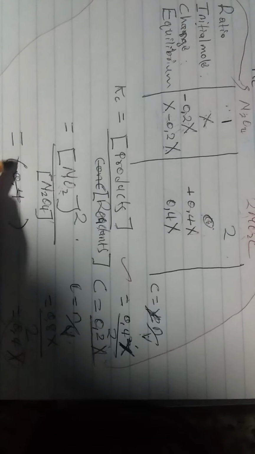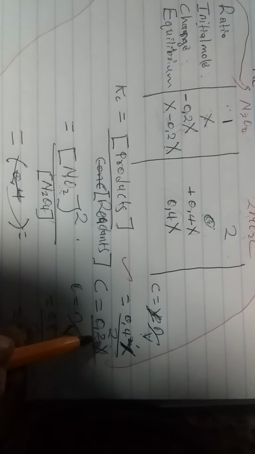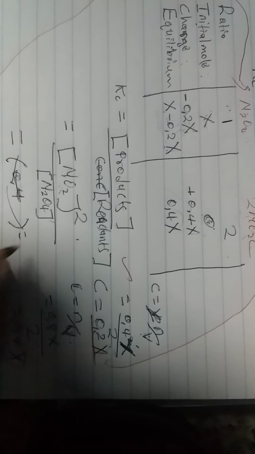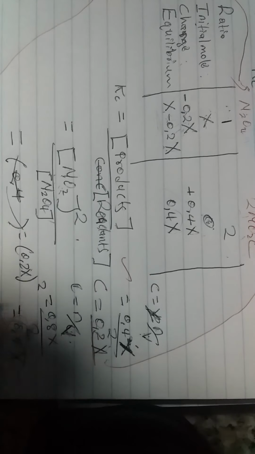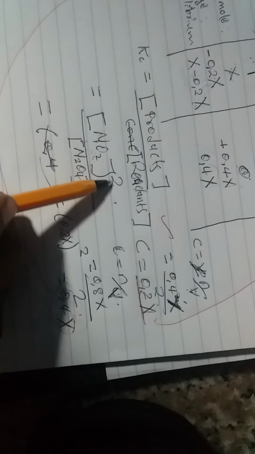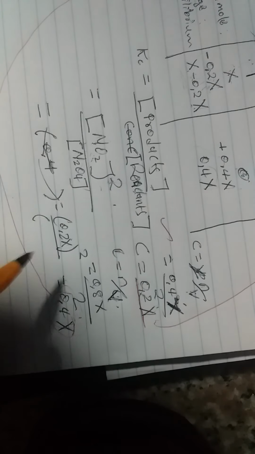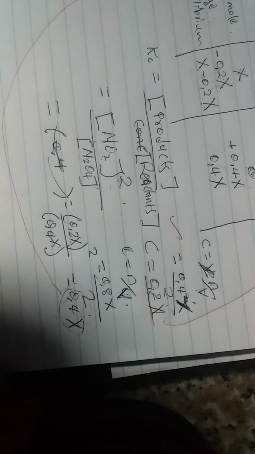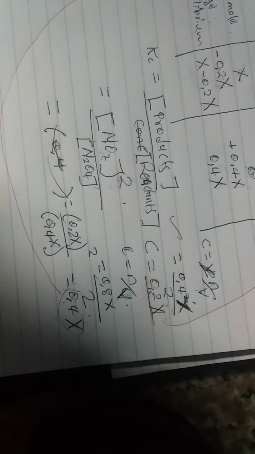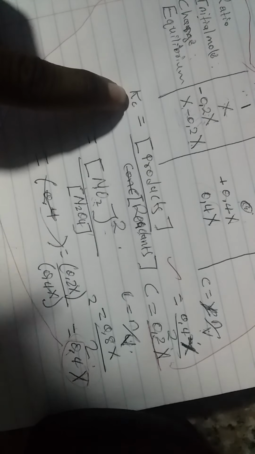No, remember that in the top we are having this one, so this is the concentration that we need to use in the top. So 0.2x, squared, because we had squared here, over round bracket 0.4x, not squared now. So therefore Kc is equal to this.